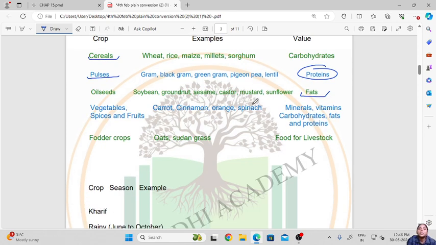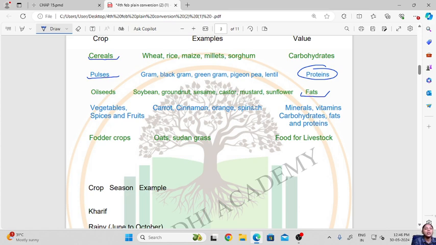Then vegetables, spices and fruits. Vegetables like carrot, then spices, cinnamon, orange, then spinach. All these are fruits, vegetables and spices, and these will have minerals, vitamins, and small amounts of carbohydrates, fats and proteins as well.